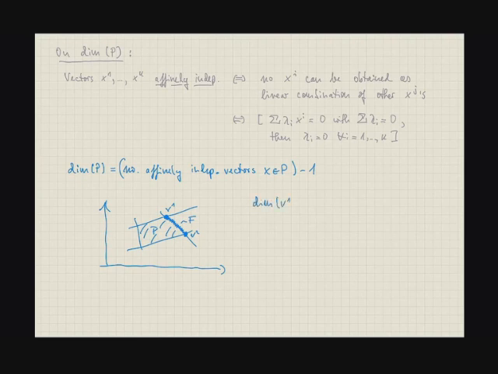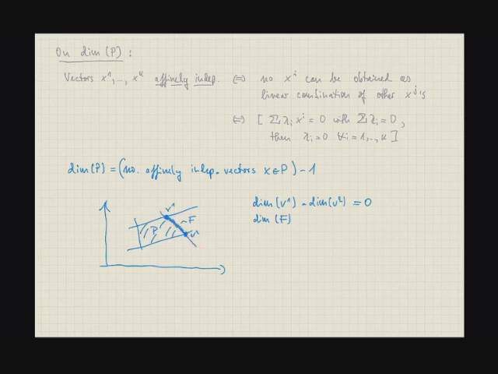So the dimension of V1, that's just a single point, is equal to the dimension of V2, that is equal to 0. So that's the number of affinely independent vectors, that's just 1, minus 1 equals 0. So the dimension of F, for instance, this line here contains two affinely independent vectors, but only 2, because everything lies on this line here.